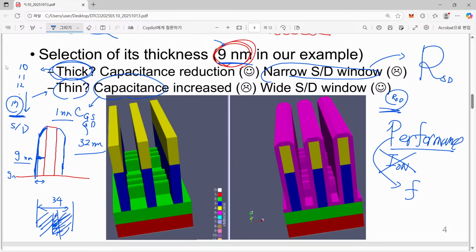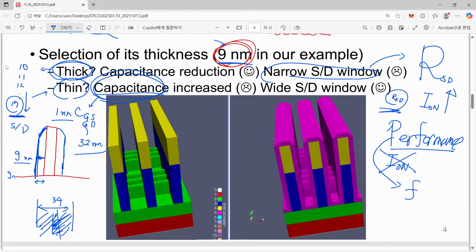How much we can increase our operation frequency. So if we reduce the resistance, then of course we can increase our on-current. However, at the same time, if capacitance is increased, then this increased on-current is used just to charge and discharge this increased capacitance. So this is not a good way to make better performance.